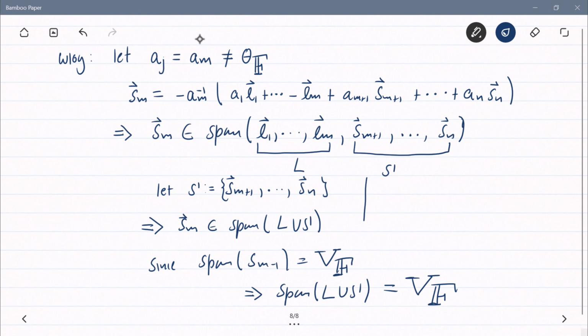That is, consider S prime. What is this equal to?